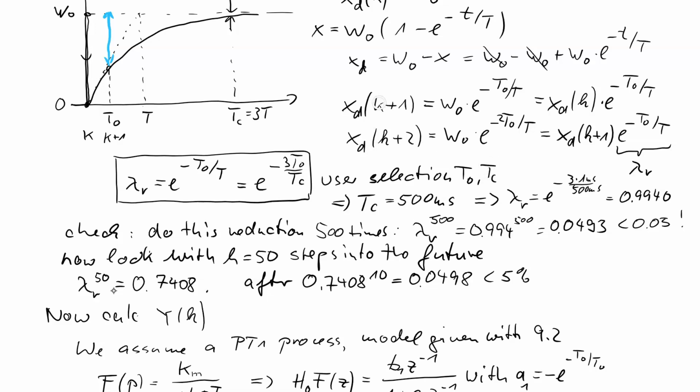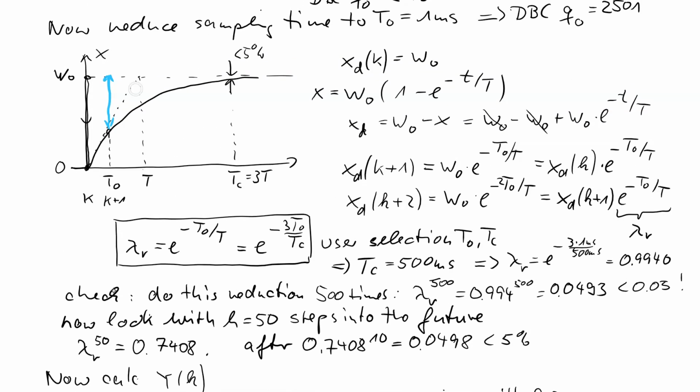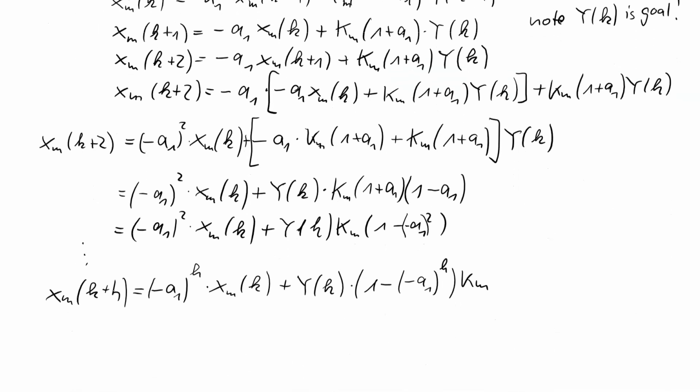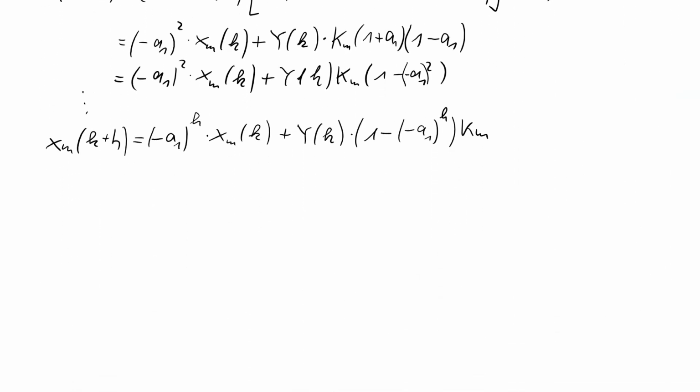Yeah, we have here in the equation what the control difference will do in many steps, decrease by my lambda factor step by step, and now we have a prediction h steps into the future of this value, and now this value and this control difference we can put together to get finally an equation for y of k.